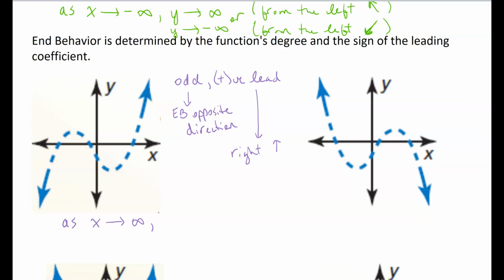Where is y going? It's going up towards positive infinity. And as x goes to negative infinity, now we're looking to the left. What direction is y going? Negative infinity.